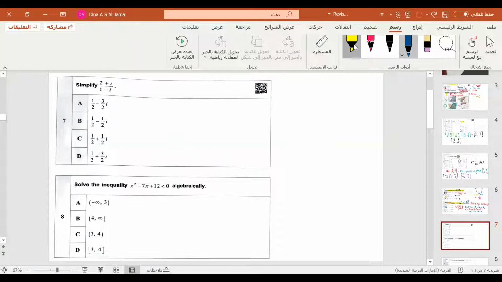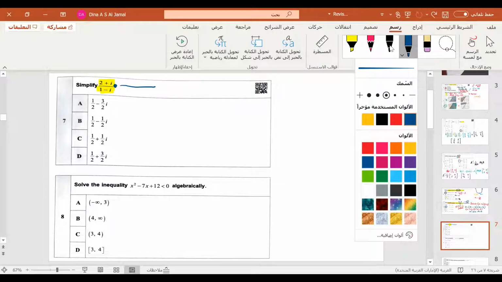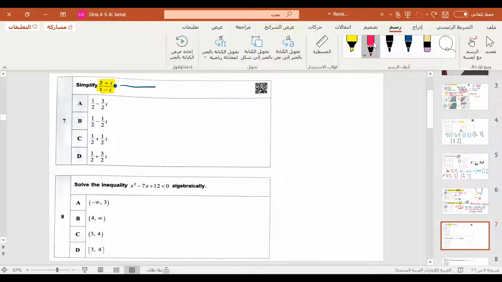So whenever he is giving you a numerator and denominator, always think that I don't want to have a complex number in the denominator. That means I should multiply by the complex conjugate up and down. And what is the conjugate? First of all, look down: 1 minus I, that means just change the sign of the imaginary part.